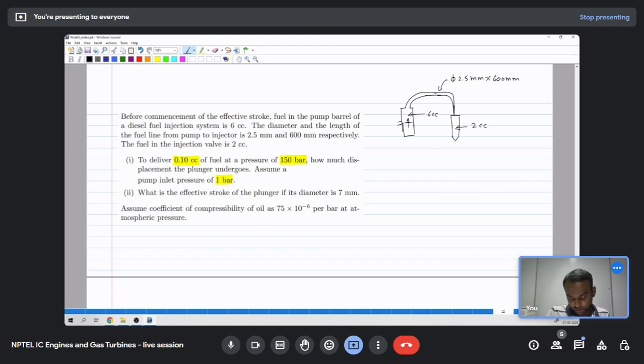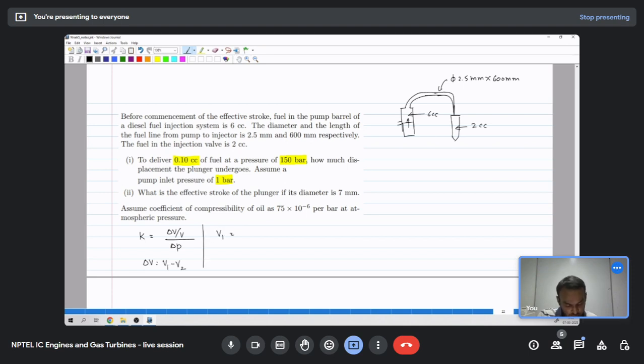Now we know the initial volume and final volume. So generally the compressibility is given by delta V by V divided by delta P, and here delta V is V1 minus V2.